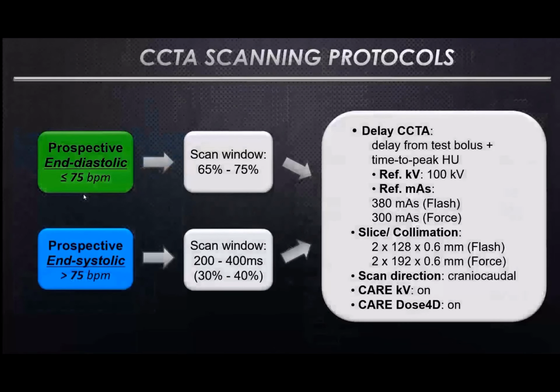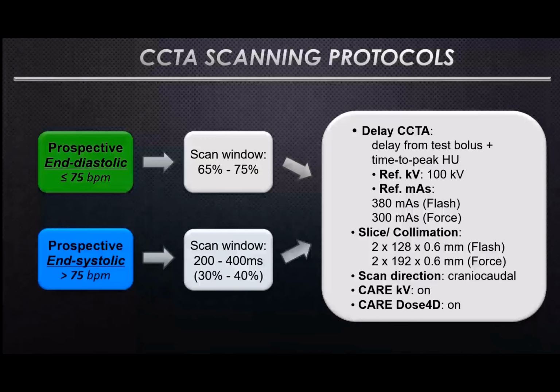So this slide shows the main cardiac CT scanning protocols. They consist of a prospective diastolic image acquisition, which is used at equal to or below 75 beats per minute heart rate, and a prospective systolic protocol that is used above 75 beats per minute heart rate.